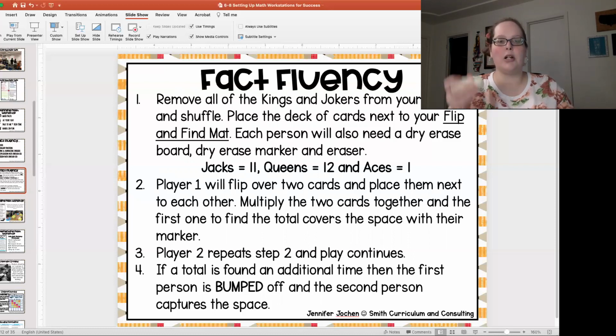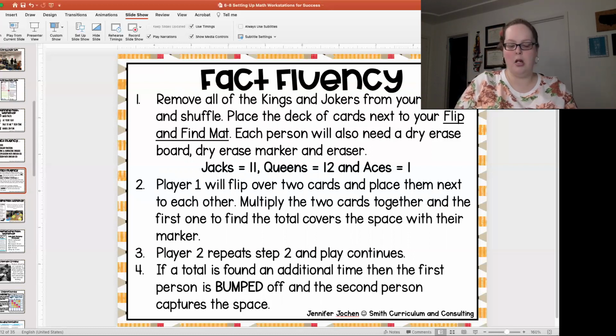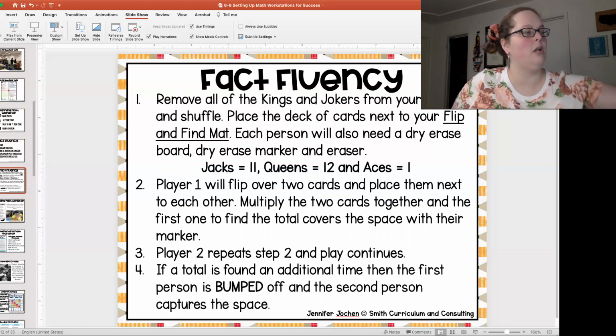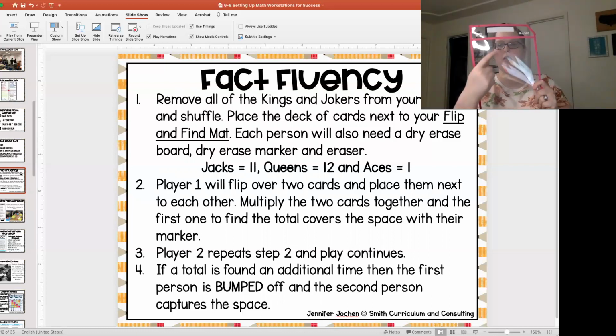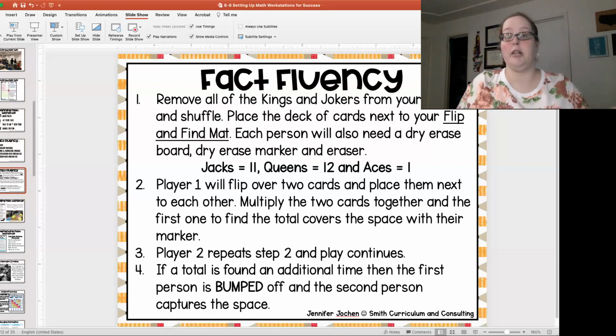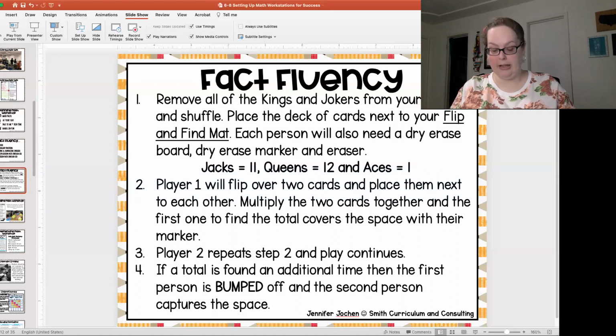Easy. It requires a deck of cards and some sort of marker, whether it be a plastic chip, whether you put the board inside of a protective sleeve, like a Smart Cow, and then they just mark it out with their dry erase. And the great thing is this can be done remotely.